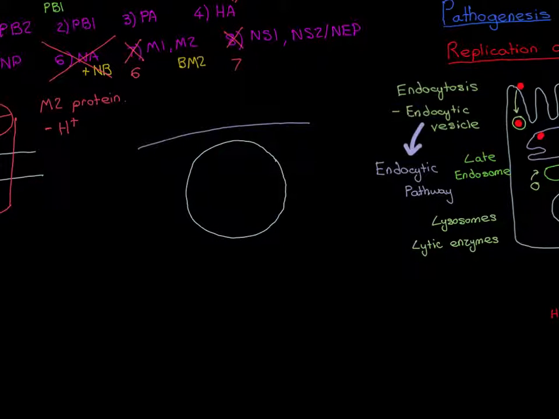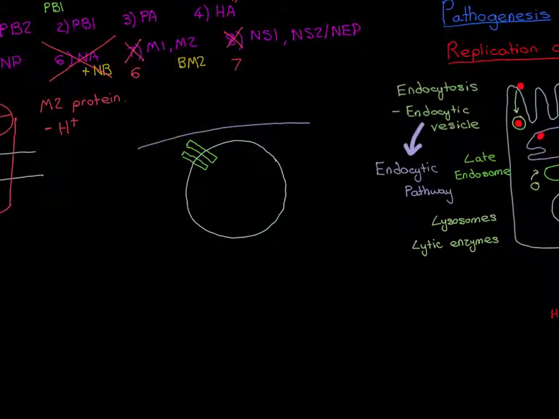There's the viral envelope, and underneath this we'll have the M1 proteins. Something important that I'll put in straight away is the M2 ion channel. Remember, importantly, the M2 ion channel is going to conduct protons beyond the M1 shell.